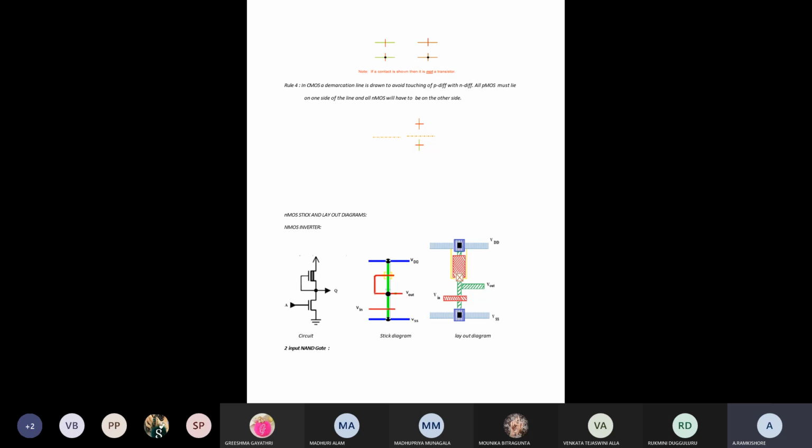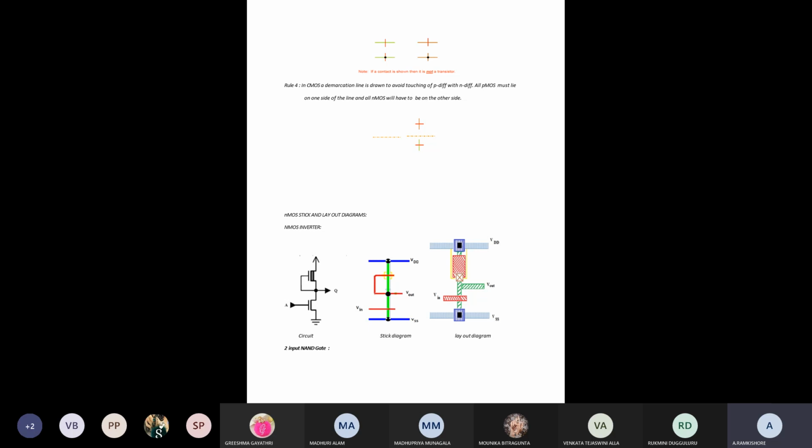With some indications, we extend that stick diagram to the layout diagram. Clear. Whatever happens in the stick diagram happens in the layout diagram. We use the metal with the same blue color but as straight lines, and for N diffusion we use the green color.